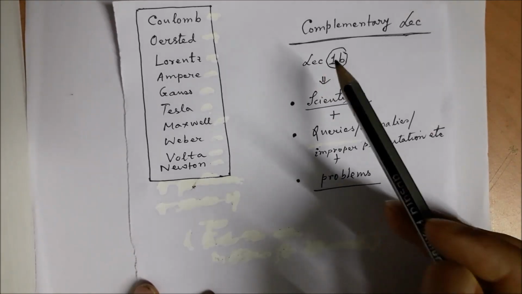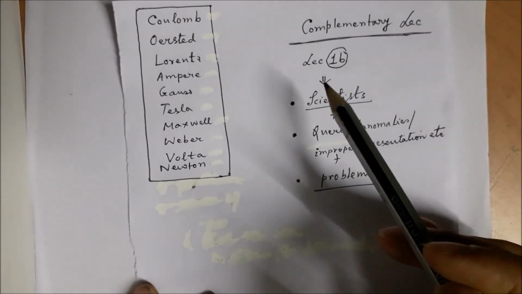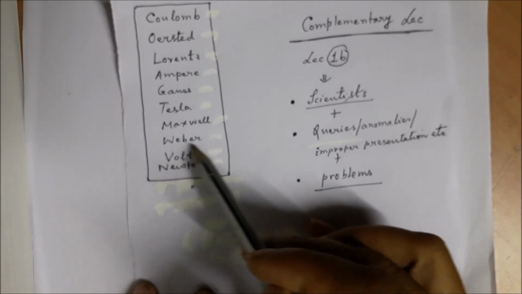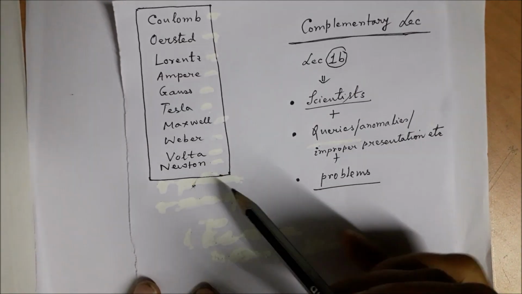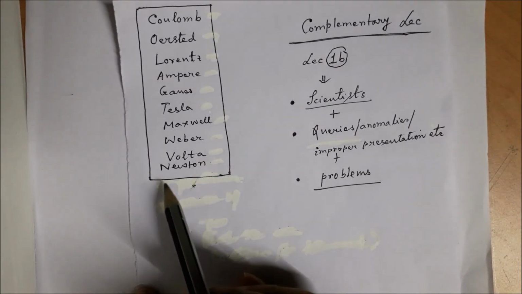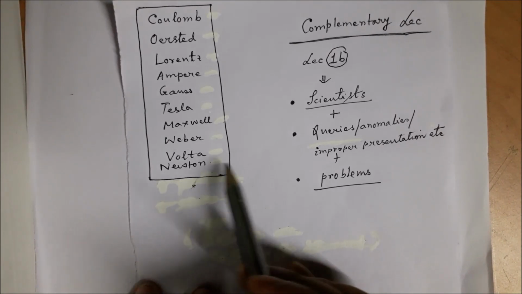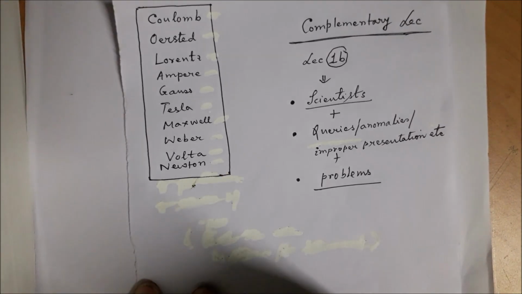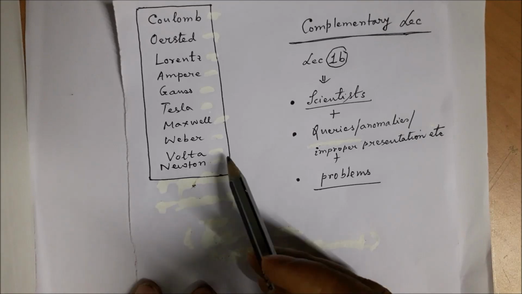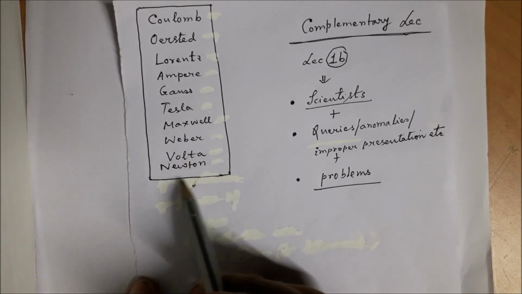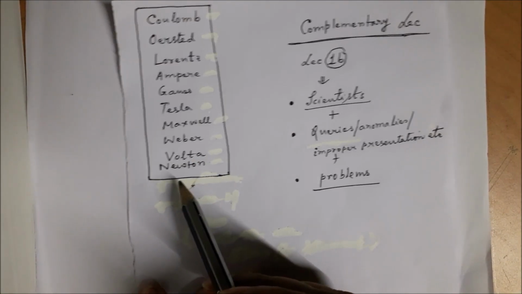We discussed a volt, somewhere we used volt, and that volt follows from Volta. And of course we have Newton, the ubiquitous person. In any discussion regarding physics, we have to mention his name.